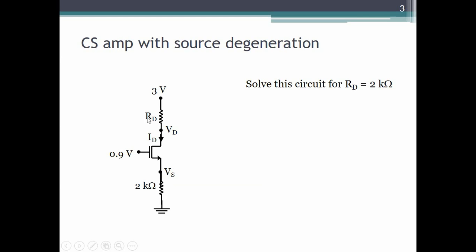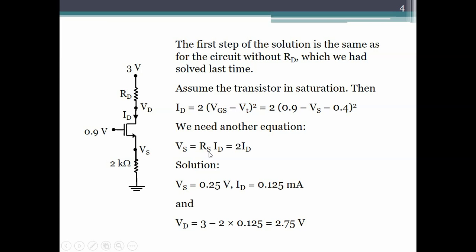The VDD, gate voltage, the drain resistance is 2 kilo ohms, and we are asked to find ID, VD, and VS. So right off the bat, please pause and solve this circuit. Okay, I continue.